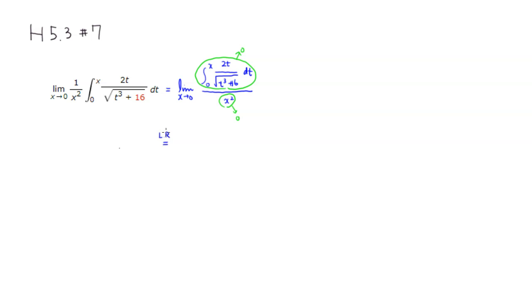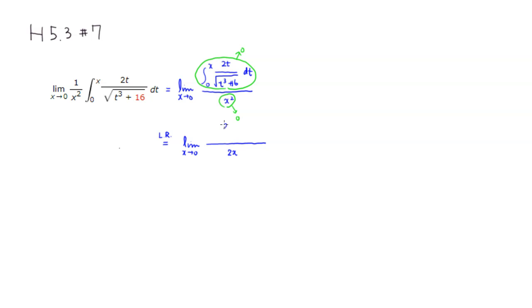So applying L'Hopital's rule, we have the limit as x approaches 0. The derivative of x squared is 2x, so we put 2x in the denominator. The derivative of the numerator uses the Fundamental Theorem of Calculus Part 1: we just remove the integral sign and plug in x for t.